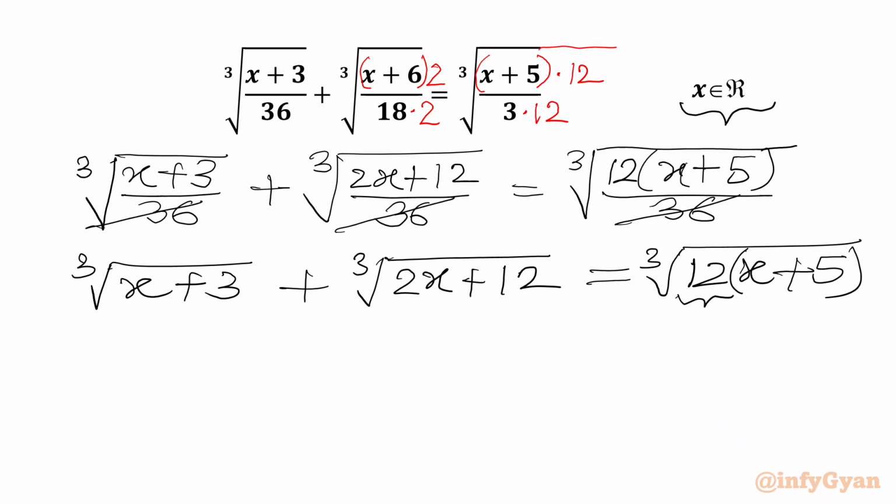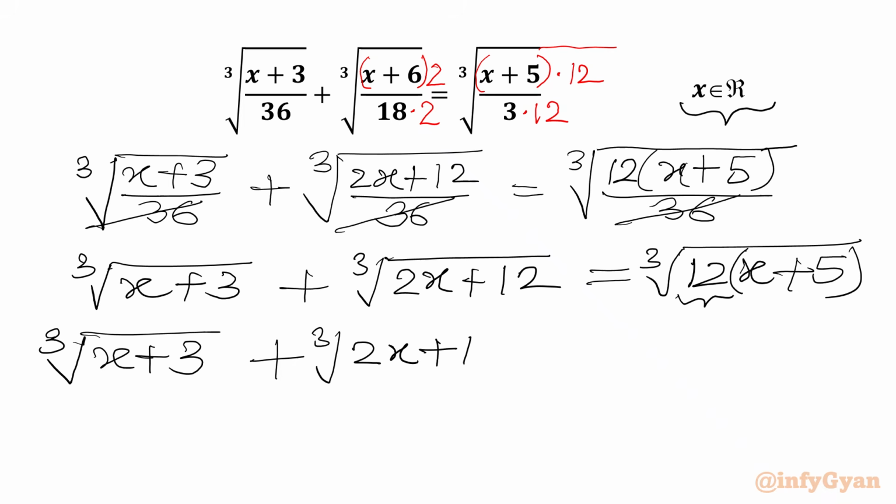Now I can factor 12 as 3 times 4 or 4 times 3. Let me write cube root of x plus 3 plus cube root of 2x plus 12 equal to cube root of 4 times 3 times x plus 5.